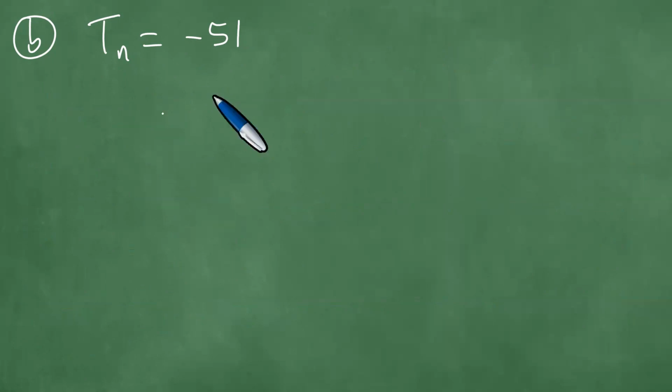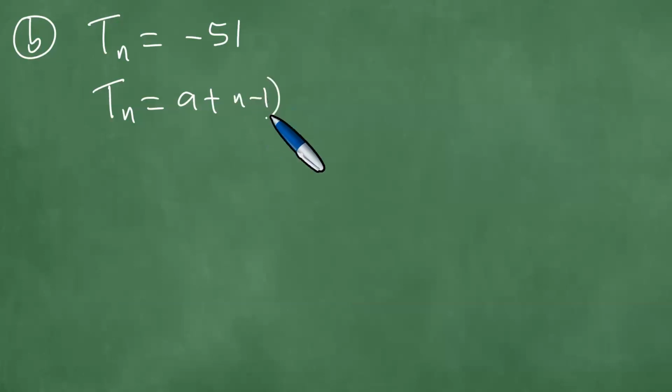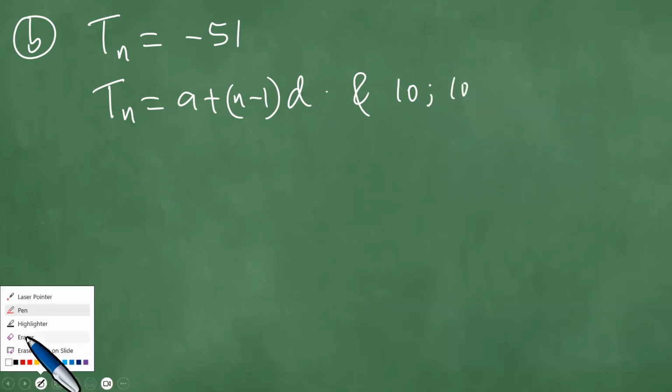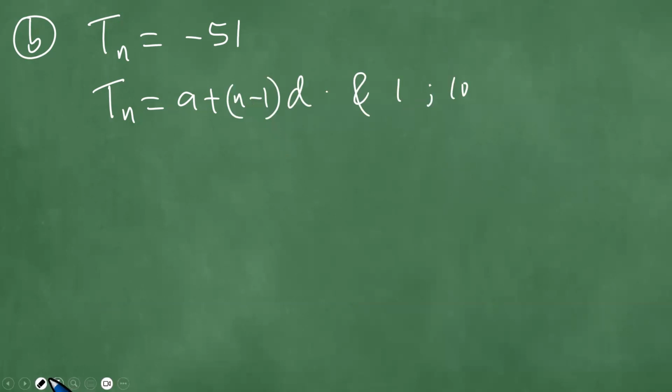So here we have Tn equals a plus n minus 1 times the common difference, and Tn is minus 51. And we remember that the sequence is 12 and then 10 and 1/2, just so that we remember the sequence.